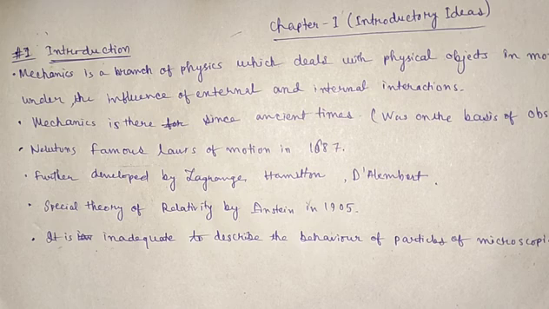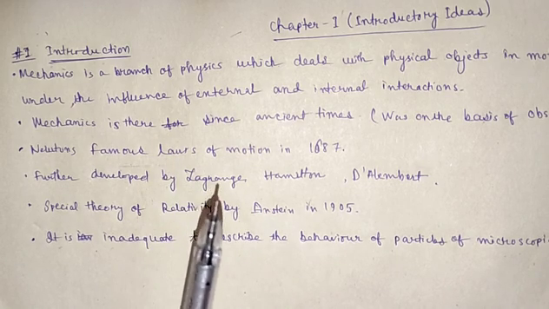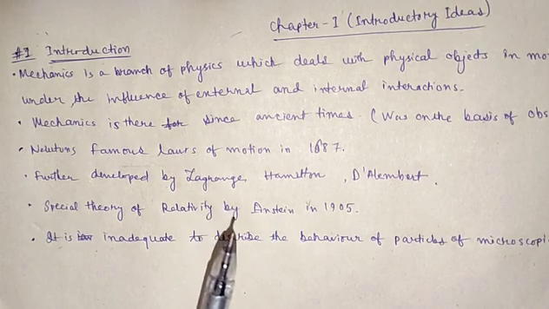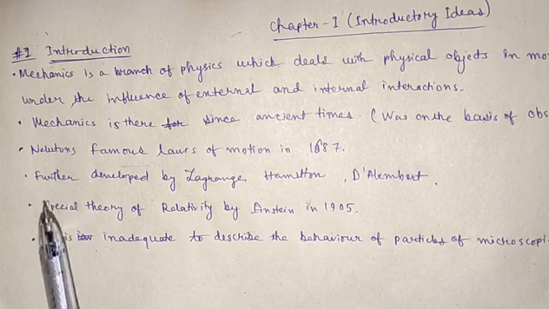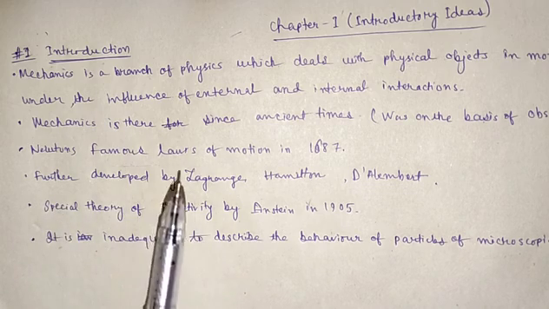So we may say that after Einstein developed his special and general theories of relativity, Newtonian mechanics, the old classical mechanics, became a sub-part of this relativistic mechanics.